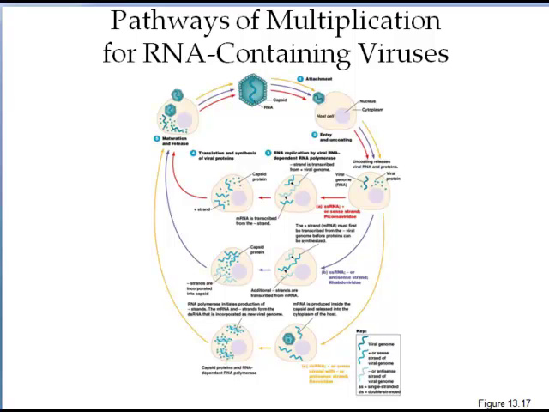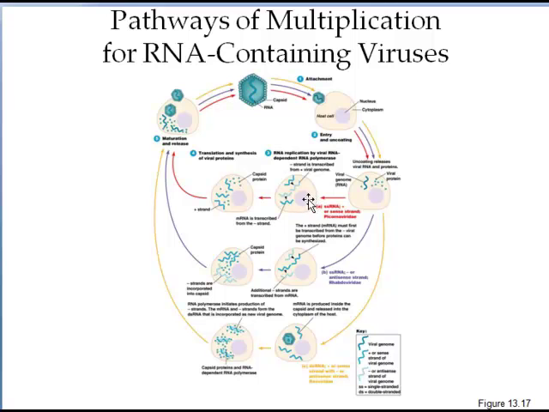In the first step up there, you can see the uncoating of the single strand of the RNA virus, and sometimes you have a positive and a negative strand, shown as one from one cell and the other from the other cell.